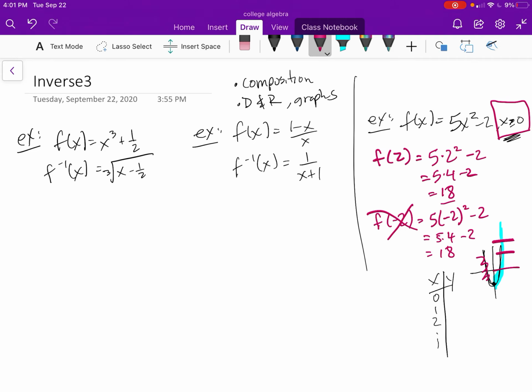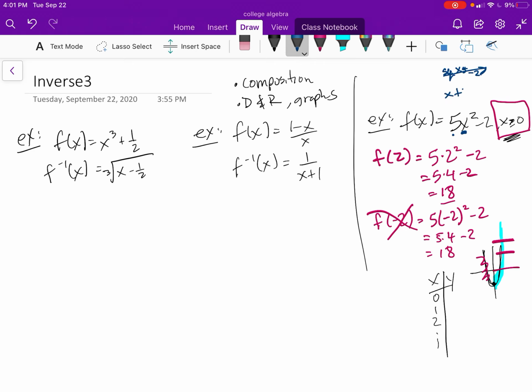To find its inverse, we'll do it mentally. It says take x and square it, then multiply by 5, and then subtract 2. So remember, we're doing all of that in reverse. Sorry, my handwriting is horrible. So I'm going to do that in reverse.